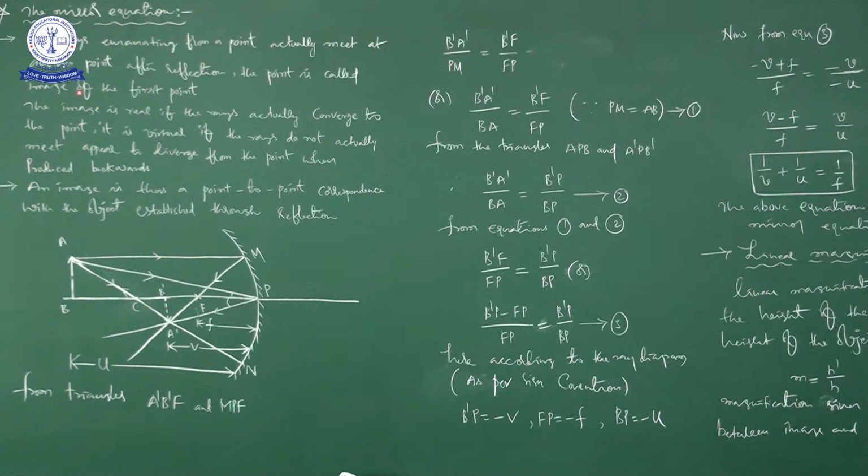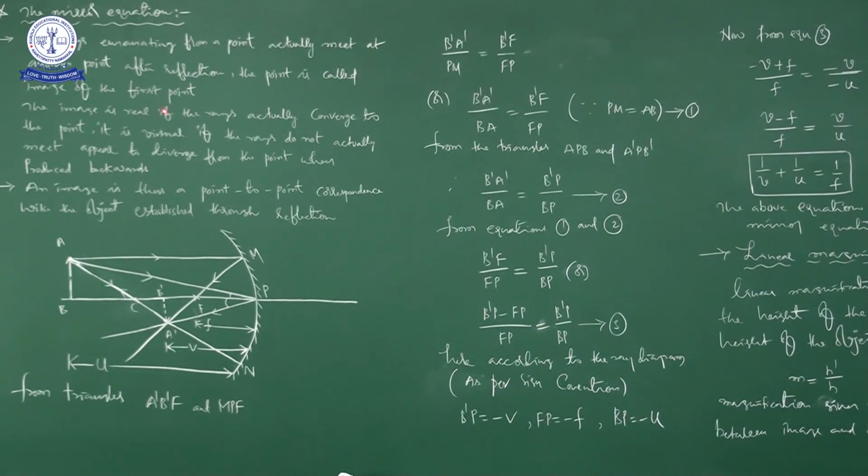Now you see here, if rays emanating from a point actually meet at another point after reflection, the point is called the image of the first point. So you try to understand here, he is telling what an image is.